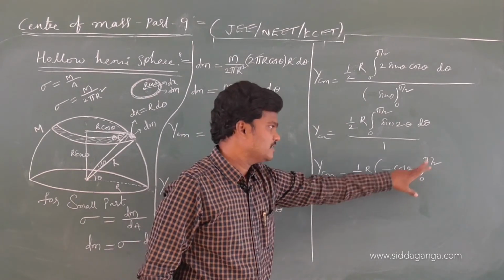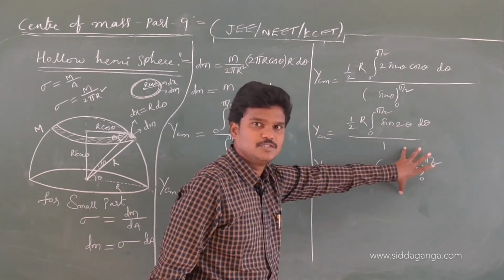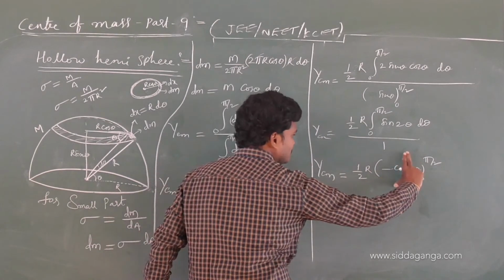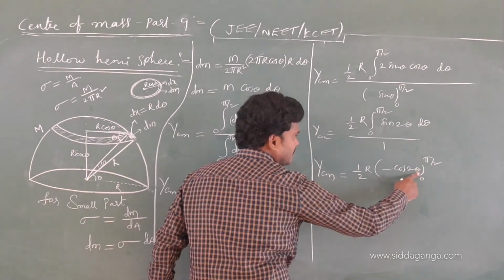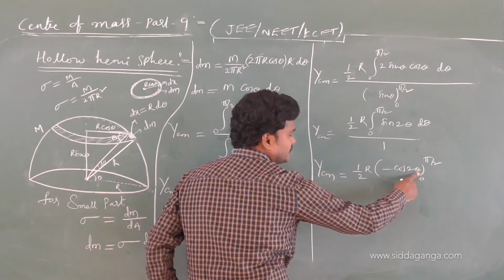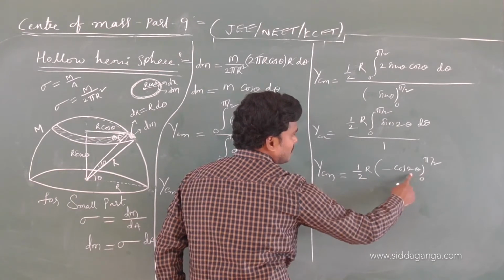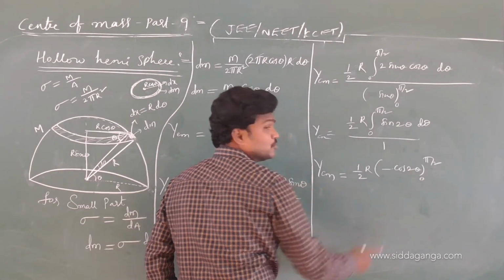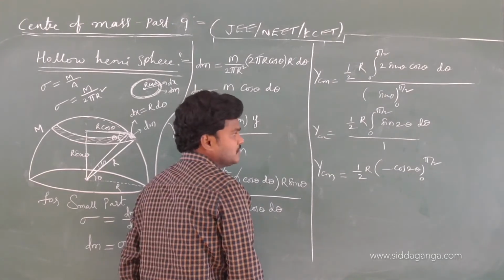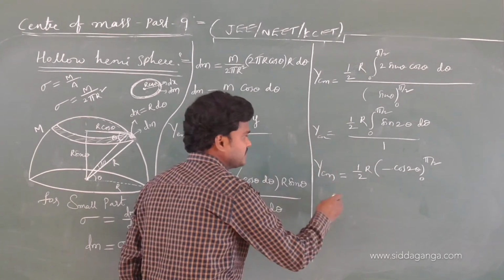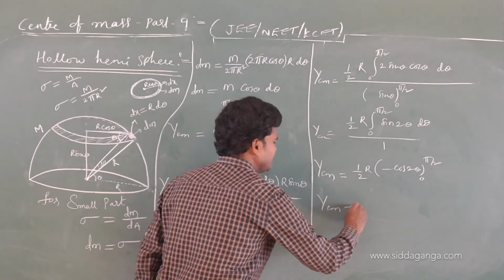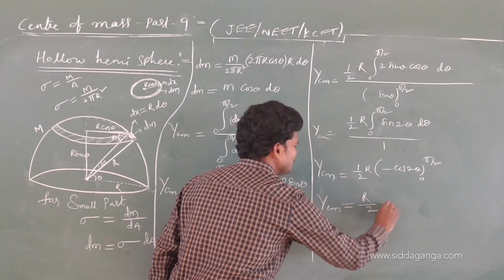So you will get this entire quantity is 1. Use the integration and use the methods. Cos 2 into pi by 2, and cos 0, that is 1. 1 by 2 minus 1, sorry, minus 1. So minus minus plus, you will get, just check it. It is only r by 2. Verify this one.